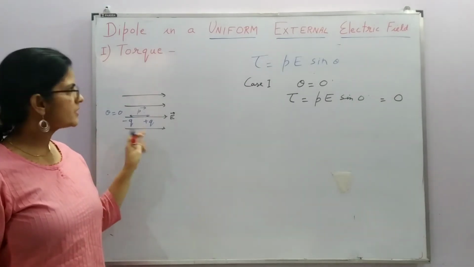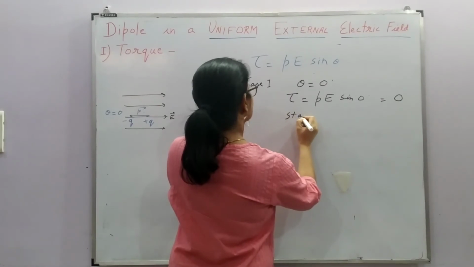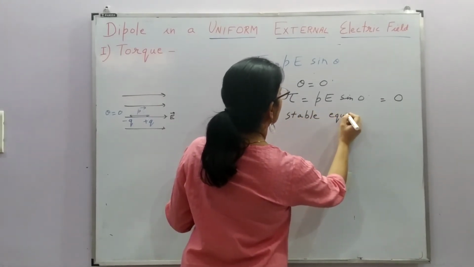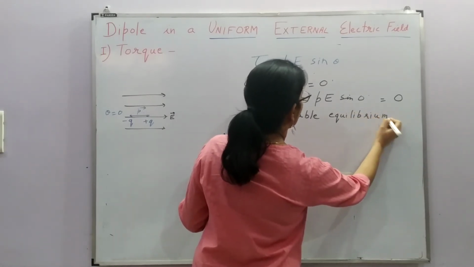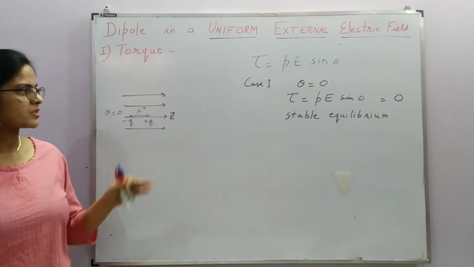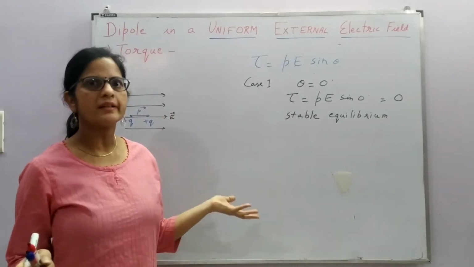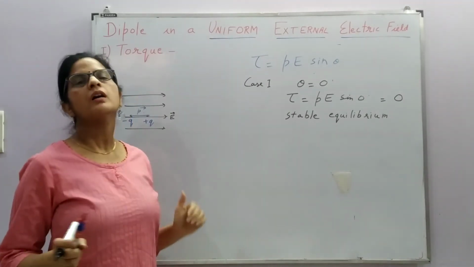Right? And this condition is called the condition of stable equilibrium. What is stable equilibrium? Stable equilibrium means if we want to disturb the stability, it will try to be stable again.